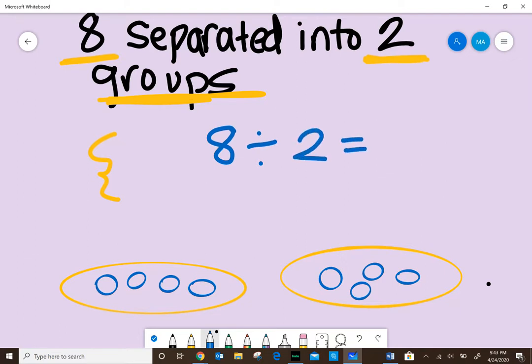Now, how many items were in each group, boys and girls? We had 4 circles in this group and 4 circles in that group. So each group shared how many? Each group shared 4 circles. So 4 is your answer. And that is how you solve for this.